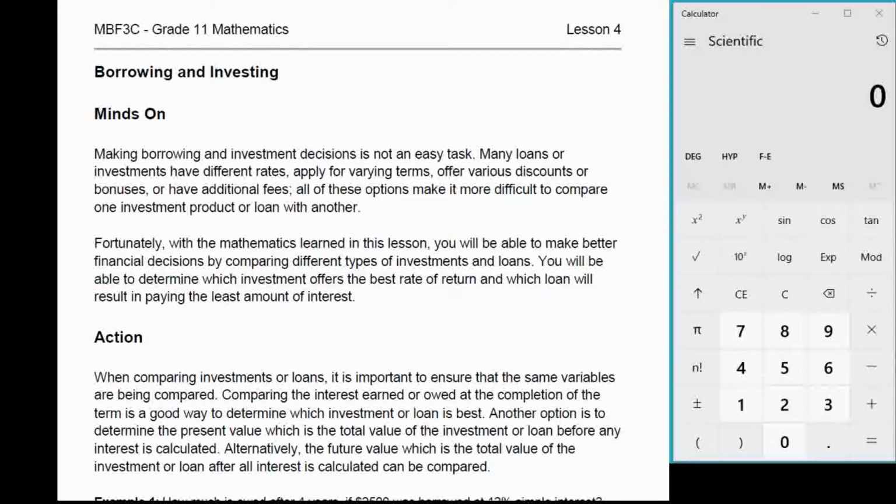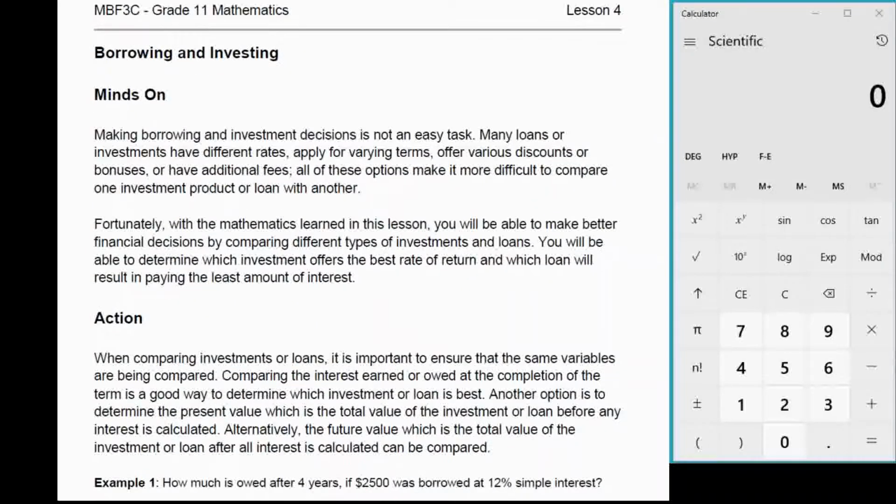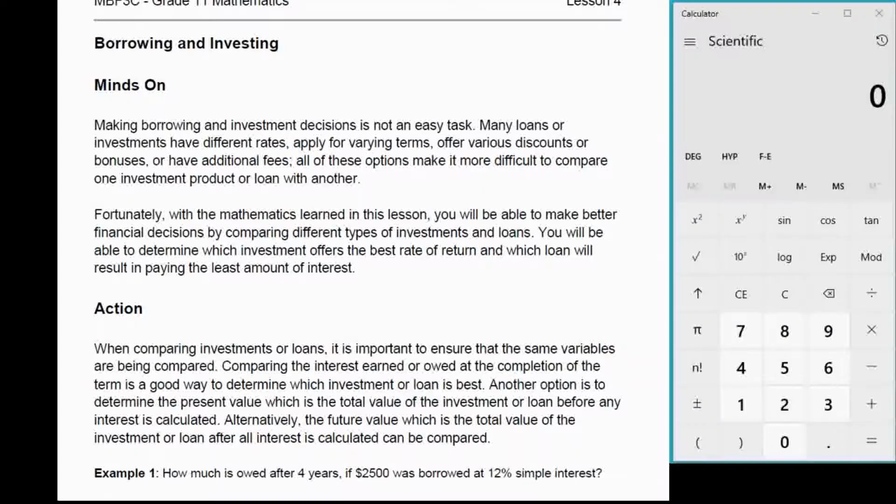So when it comes to determining which investment or which loan is best for you, generally you're looking for the loan where you'll be able to accept the terms and pay back the least amount of interest. And when you're looking at an investment, you're going to be looking for an investment that will pay you back or earn you the most interest.